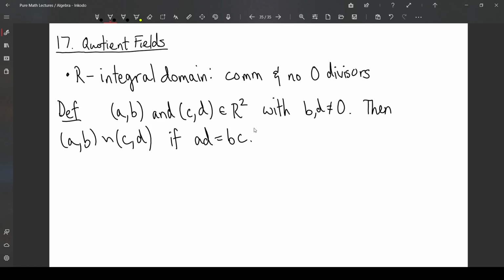Okay. And so to show that this is actually an equivalence relation, we would have to show three things. One is reflexivity: that something is equivalent to itself, so (A, B) is equivalent to (A, B), which is obviously true.